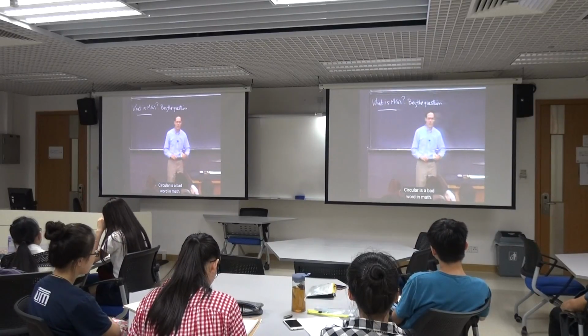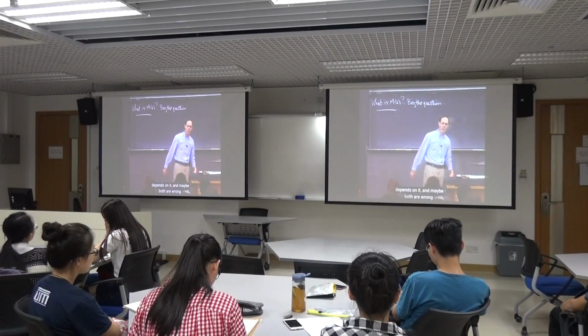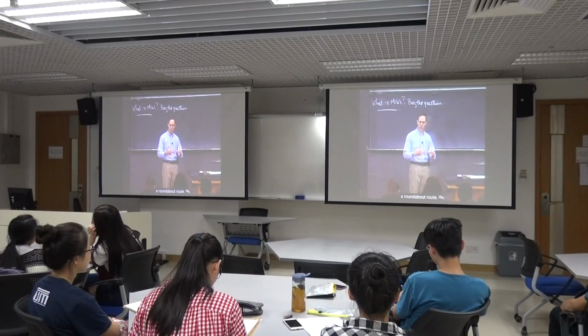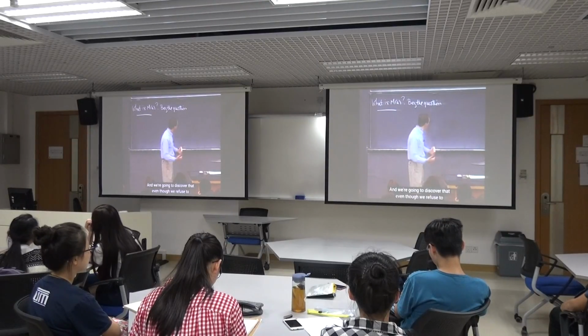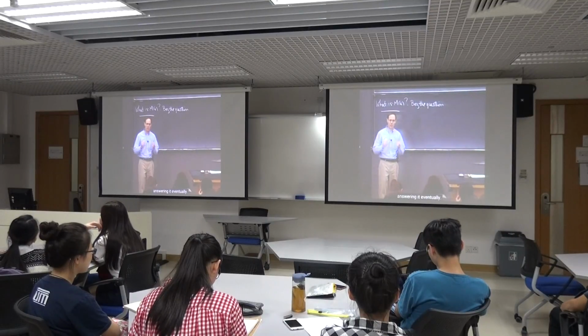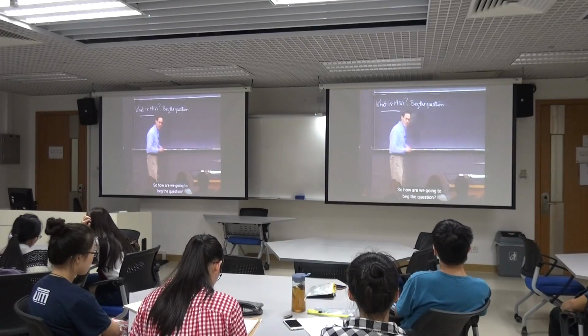Circular is a bad word in math. It means that one thing depends on another and that depends on it, and maybe both are wrong. Circuitous means we're going to be taking a roundabout route. And we're going to discover that even though we refuse to answer this question right now, we'll succeed in answering it eventually. All right? So how are we going to beg the question?